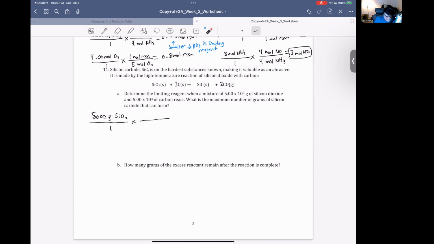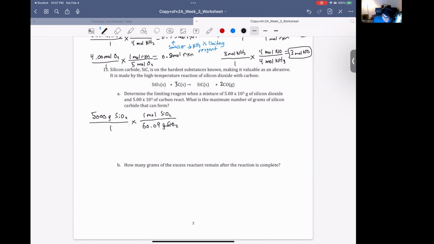There's 2 oxygens, and each weighs 16, so 32. This ends up being 60.09 grams of SiO2 for every 1 mole of SiO2. All right. So that's it for that one.